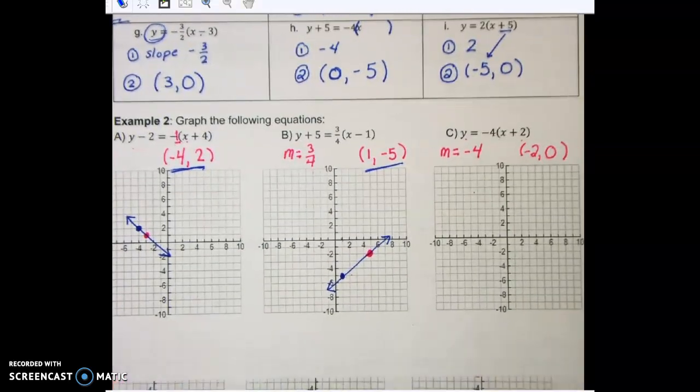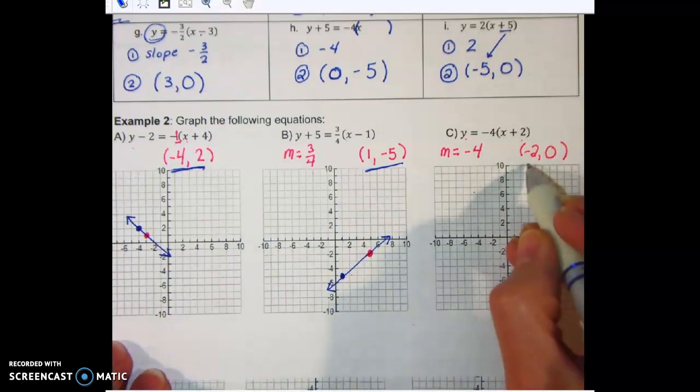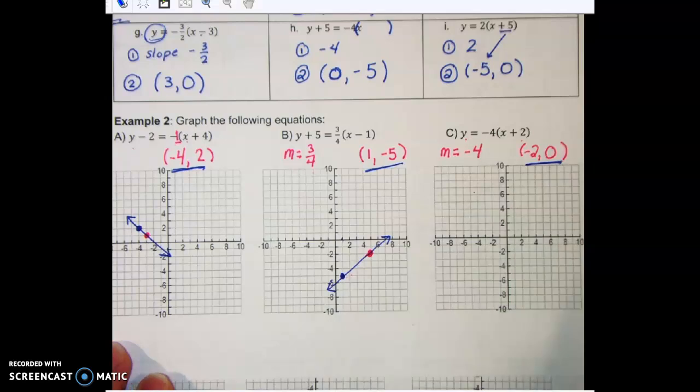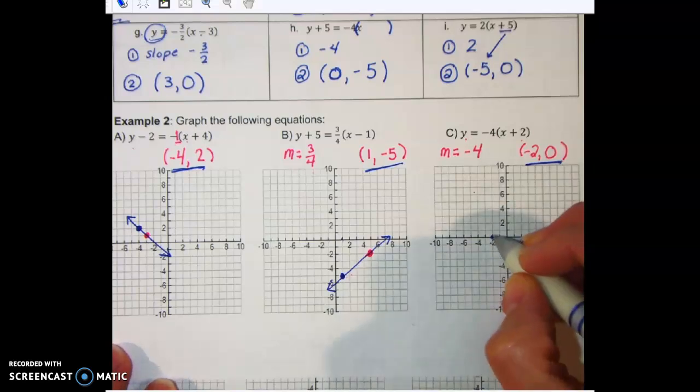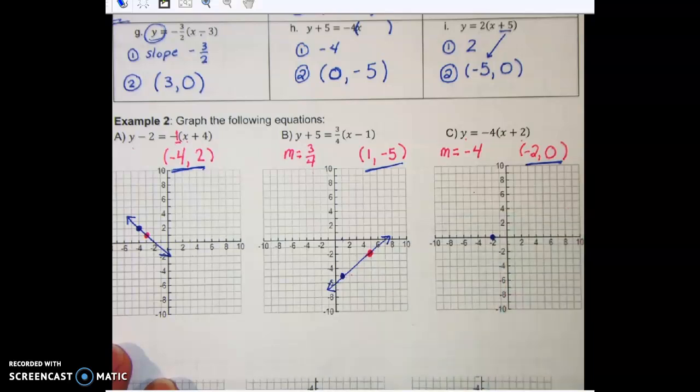Okay, last one. And if you need to pause and go back over that again, you can. You can stop and rewind. But the last one, we're going to start at the point -2, 0. So let's plot that -2, 0. So plot that and make sure that dot matches up with the dot that you're putting down.